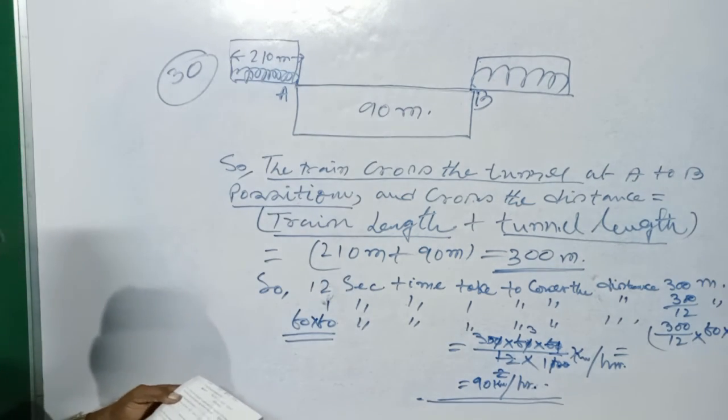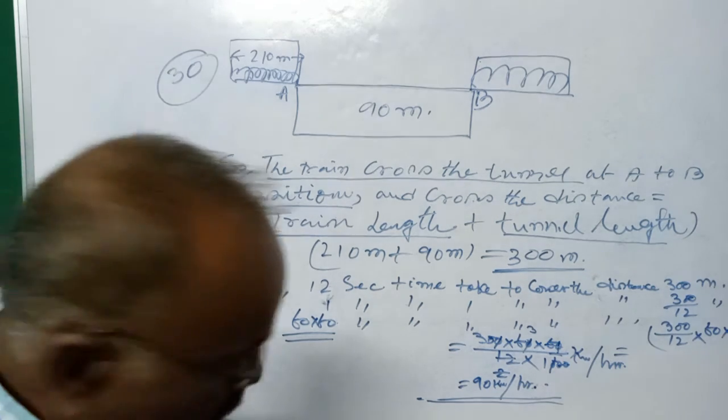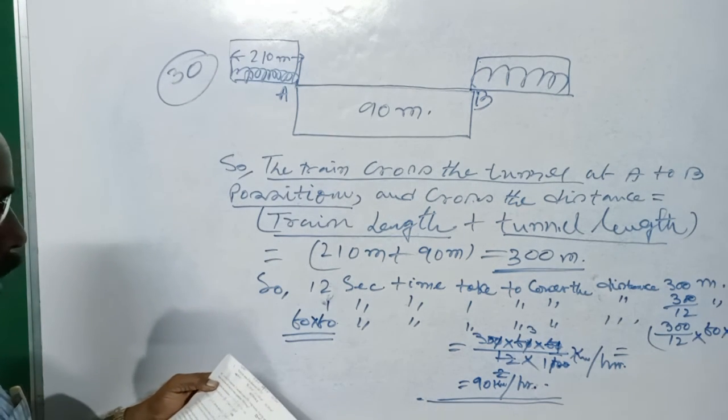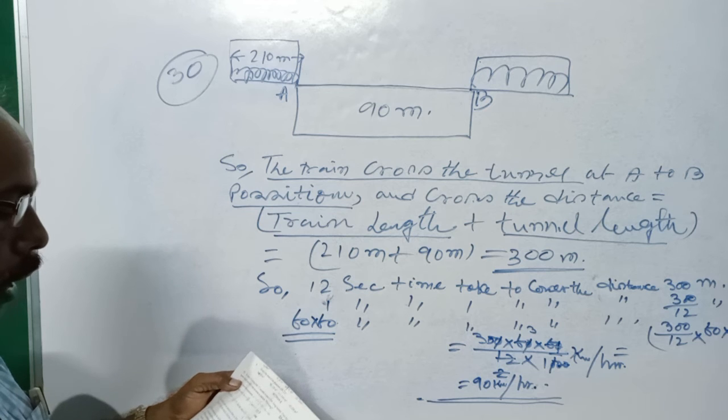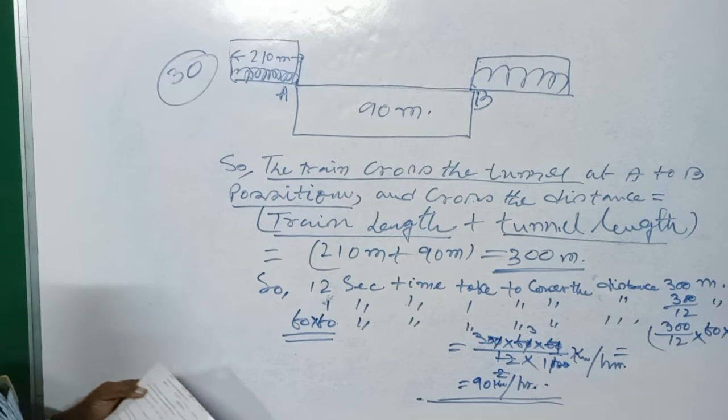Am I clear? Every hour the train speed is 90 km. Similarly, how much time will it take to cross a platform 790 meter long?